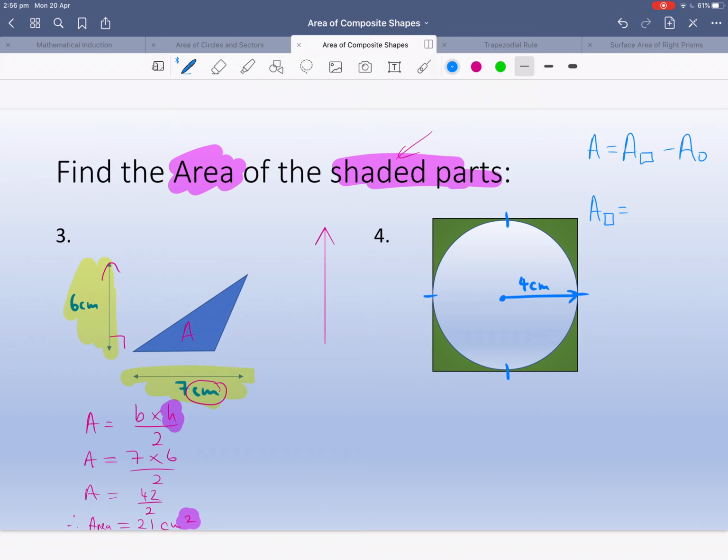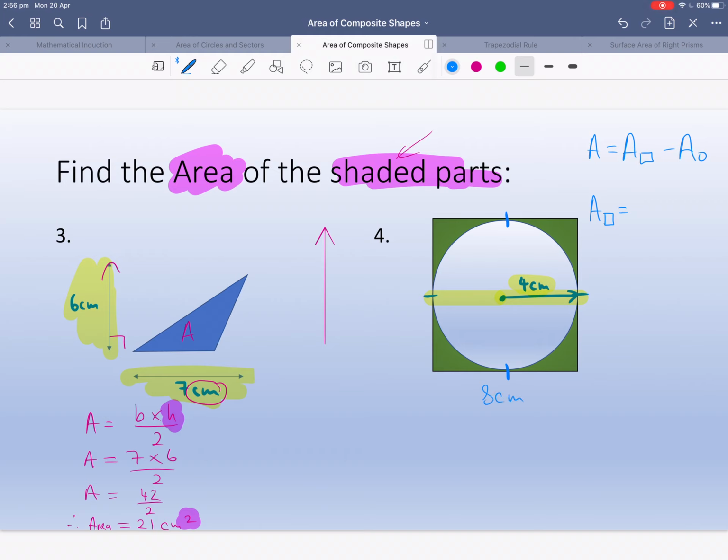Okay. So let's find the area of the square. Ooh, it hasn't given us any information on that. Actually, it has. The radius of the circle goes from the middle to the edge. That means that this length will be exactly the same as that. So what will the base be? 8 centimetres is right. It'll be double that.